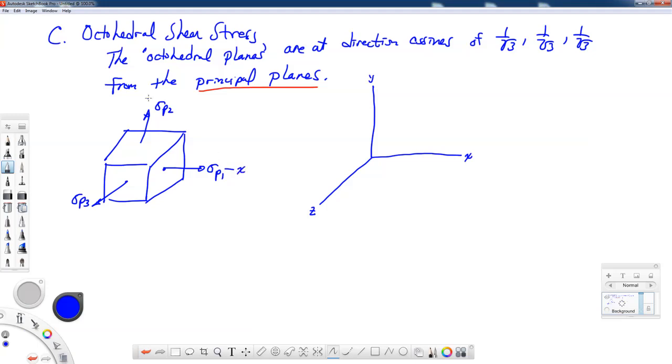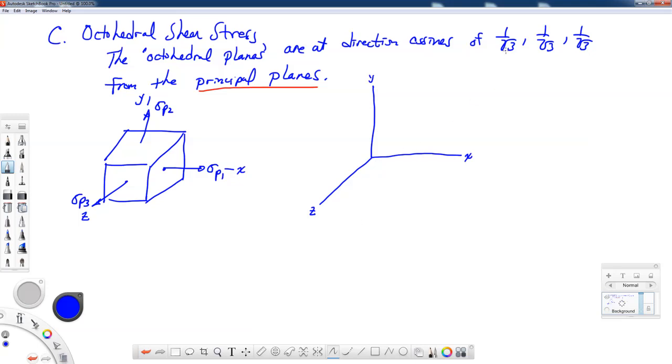So for example, maybe the sigma p1 direction is the x direction, sigma p2 direction is the y direction, and the sigma p3 direction is the z direction. And I will draw the octahedral plane on these axes formed by those principal stress directions.